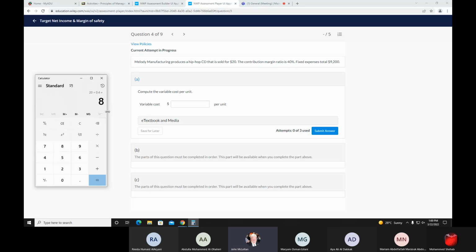So the contribution margin is 40, the variable cost ratio is what? If the contribution margin ratio is 40, the variable cost ratio is?